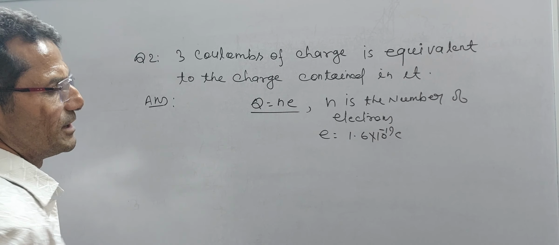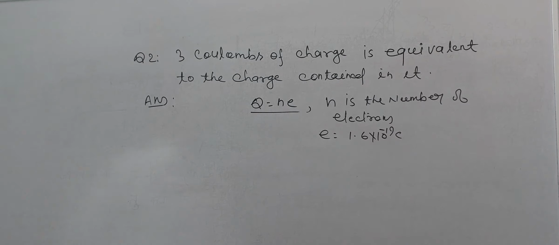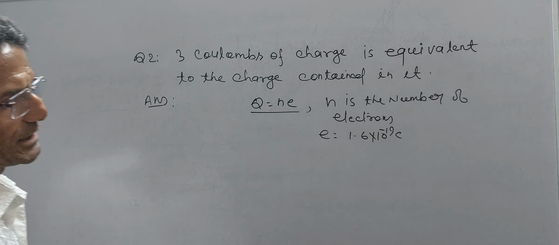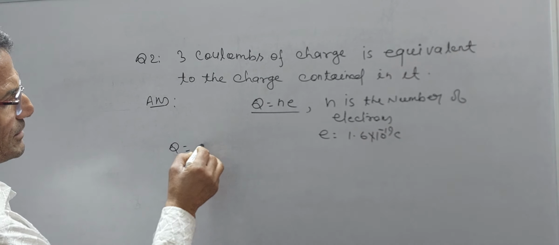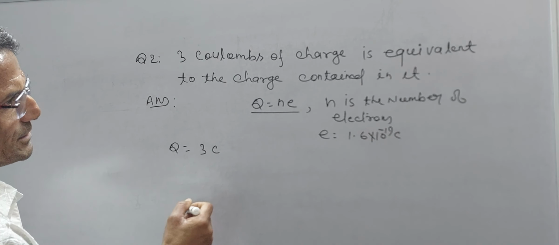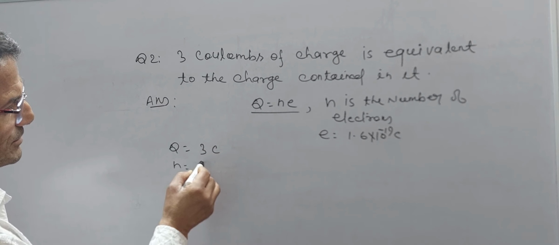So this is our formula. It asks how many electrons are contained in 3 coulombs. So Q here will be 3 coulombs, and we need the number of electrons.